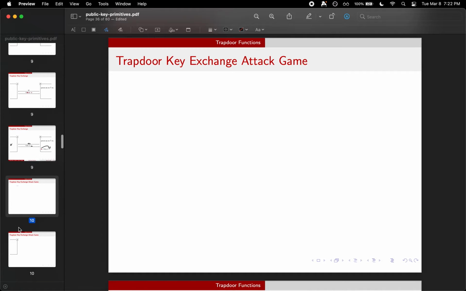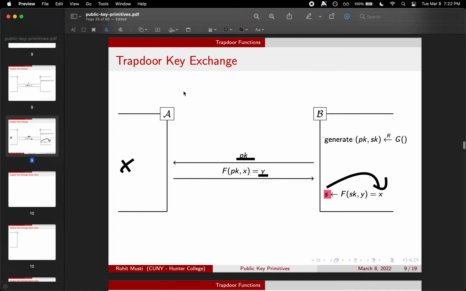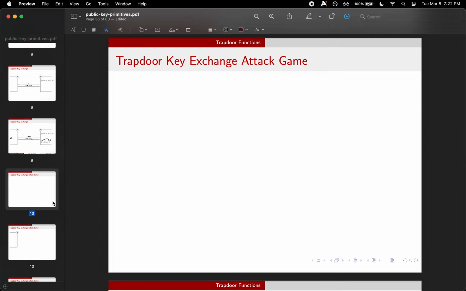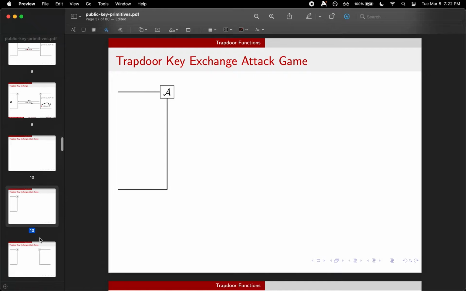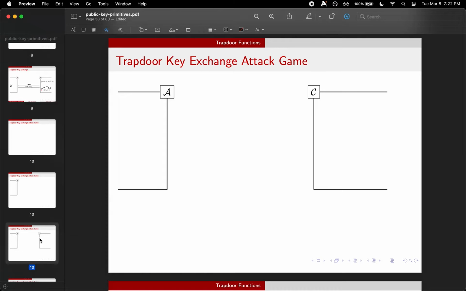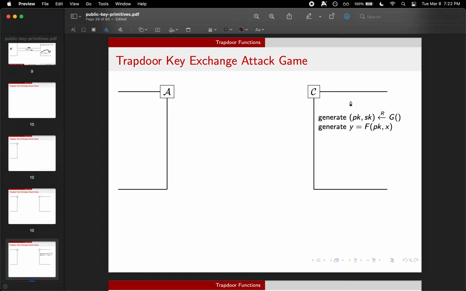So let's talk about the attack game. This is the mechanism for actually using a trapdoor function to exchange keys. What's the attack game we're going to play to determine the security of trapdoor functions? Well, we have our adversary, who is computationally bounded, and we have our challenger. The challenger first generates a public key, secret key pair, and then generates y equals the one-way function of that public key and some secret x.